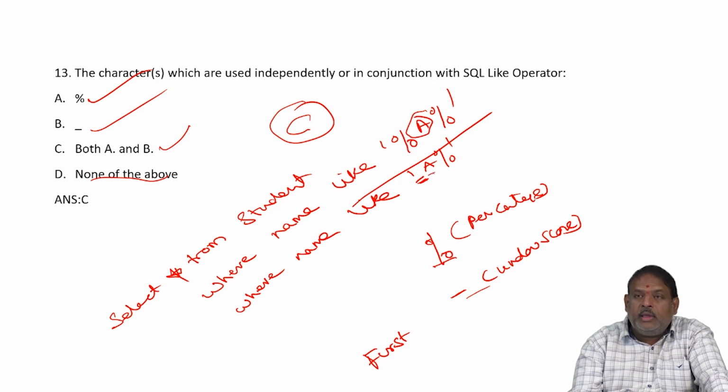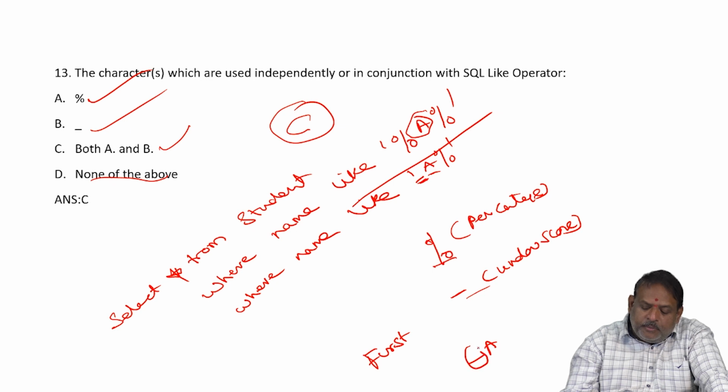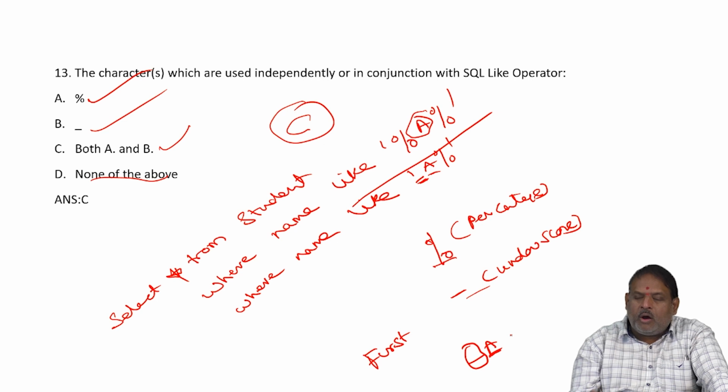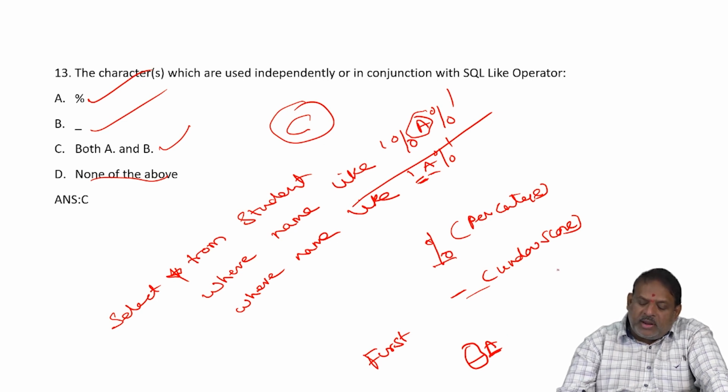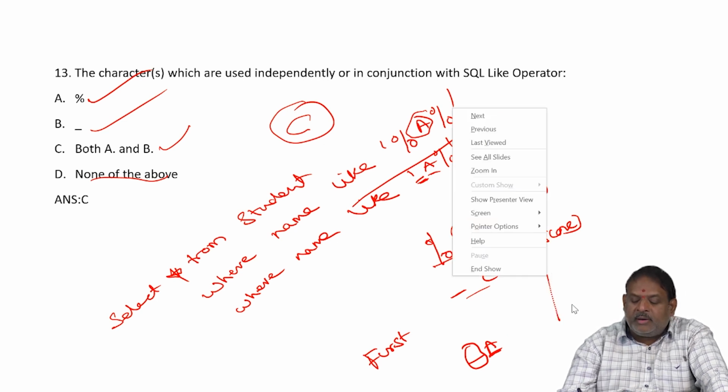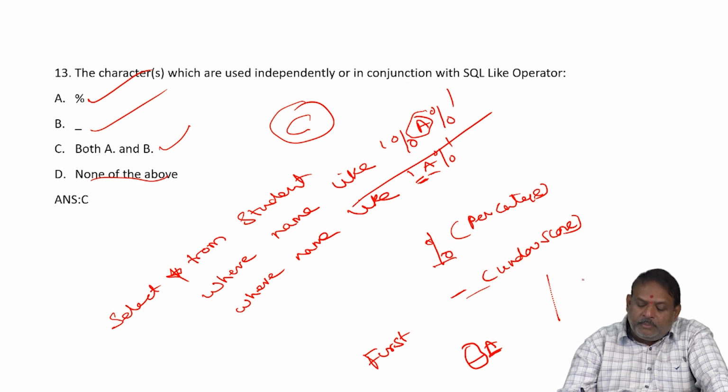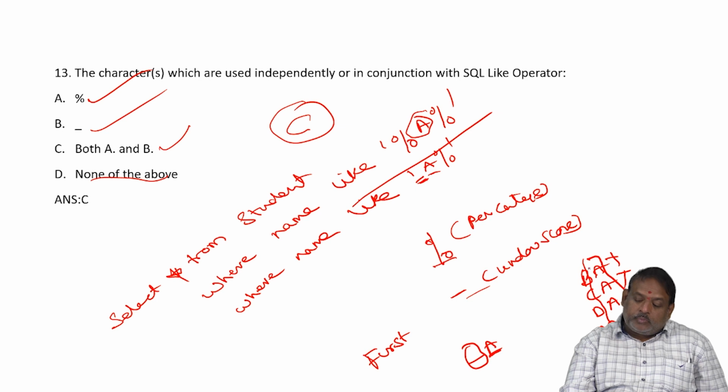Second character should be A. So all those names where the first character is any character, but the second character is A, for example BAT, CAT, DAD, MAD. All these records have the second character as A, so these all will be retrieved.